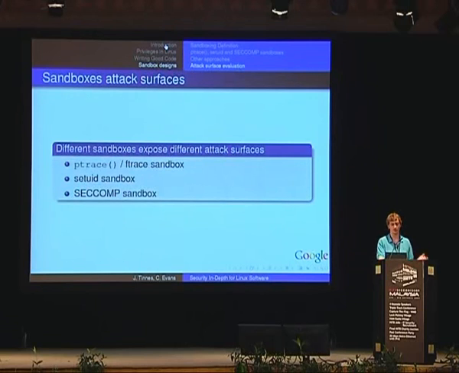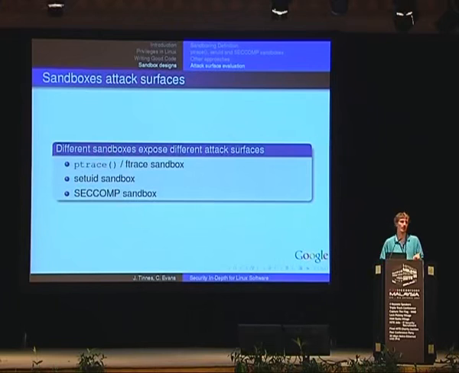Quick words about attack surface evaluation. So the ptrace sandbox or future ftrace sandbox and the seccomp sandbox, as Chris has mentioned, allow you to protect your kernel from an untrusted process, which is a good thing because there are quite a lot of vulnerabilities inside the Linux kernel, and that would be a good way to escape a sandbox, just to attack the kernel.